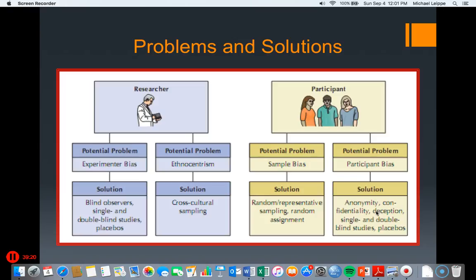And one way we deal with deception ethically is that we have to make sure that we explain to people afterward, it's called debriefing, why they were deceived, why it was important to do so, and apologize for deceiving them, and just basically make sure people leave the experiment understanding the importance of their participation, why the deception was necessary, and that it really was deception.